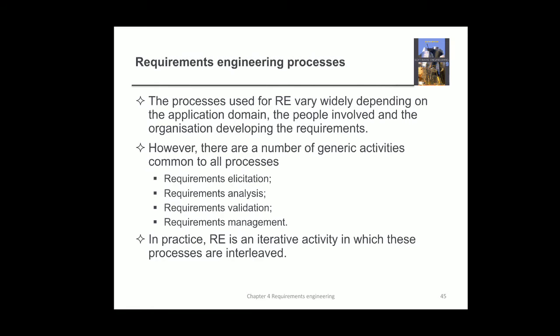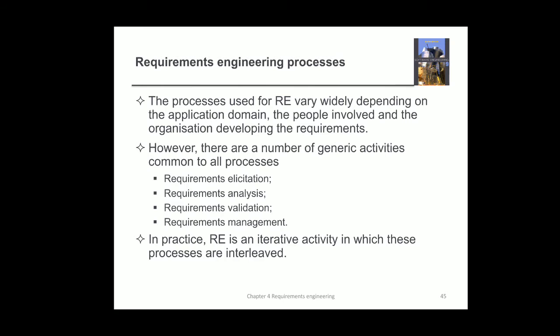The processes used for requirements engineering vary widely depending on the application domain and what kind of people are involved in the development of a particular application. Apart from this, the organization developing the requirements is also taken into consideration, that is, in which organization a particular application is being developed.